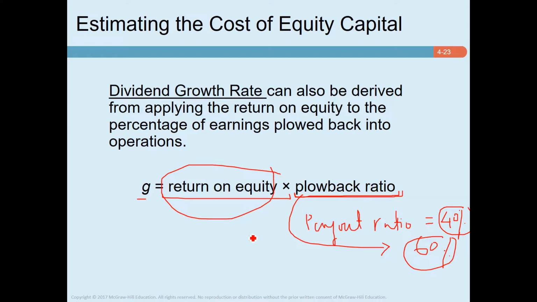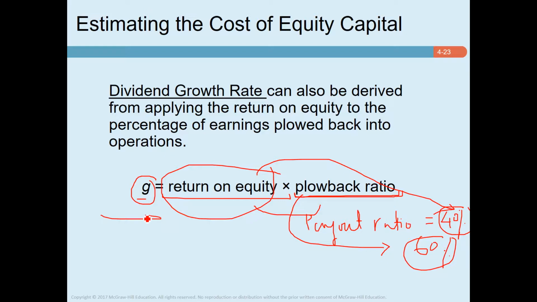Now intuitively try to understand why this is growth rate. You understand that return on equity, as I mentioned, is how much you earn for your equity capital. So let's say you earn a certain percentage. Now a part of that is paid as dividend. So the rest amount that is retained with the firm goes for reinvestment.